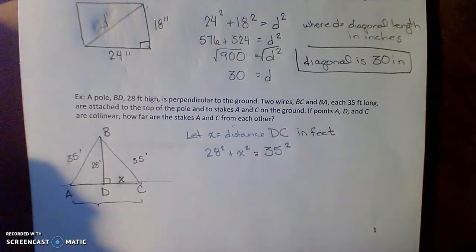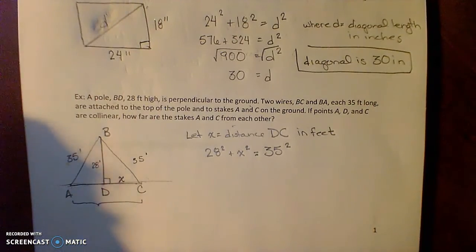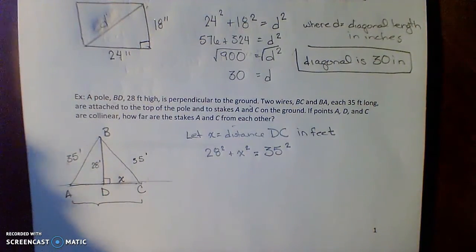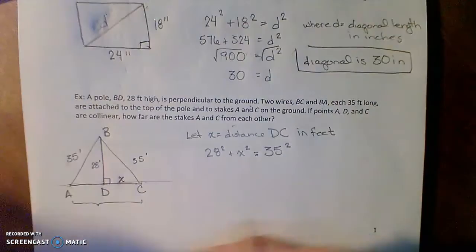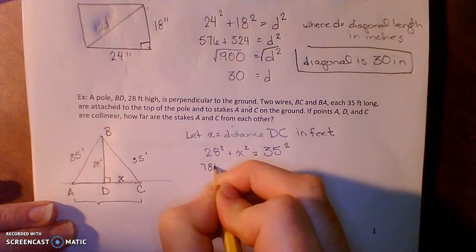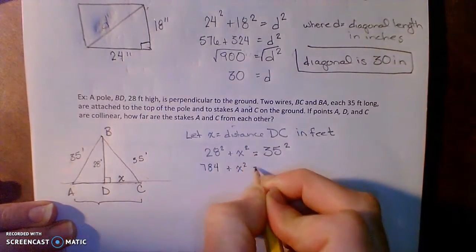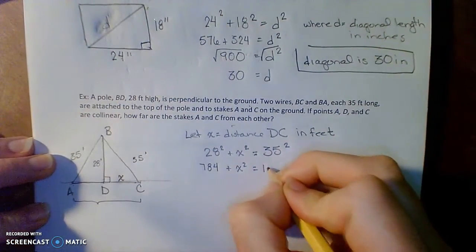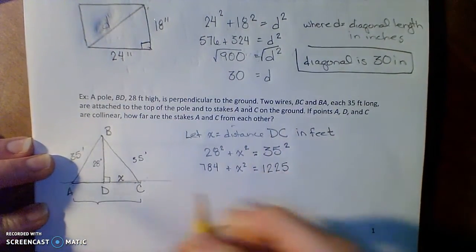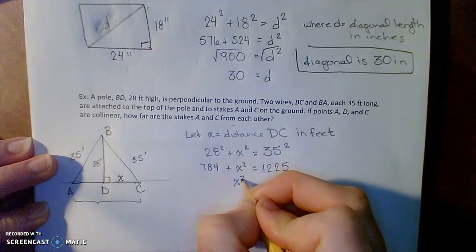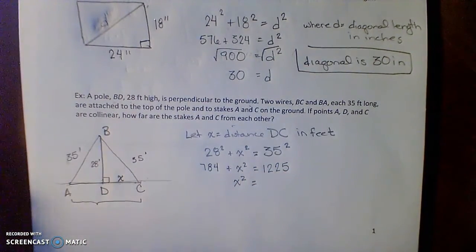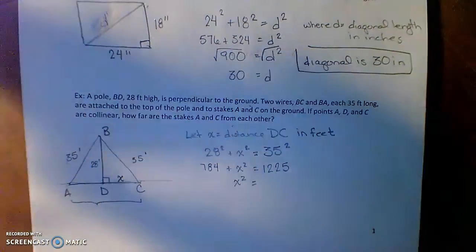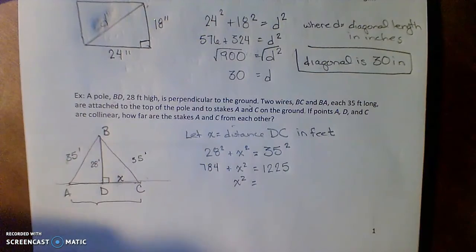So doing those calculations, 28 squared gives me 784, and 35 squared gives me 1,225. Let me subtract 784 from both sides to find what x squared is. So that's 441.